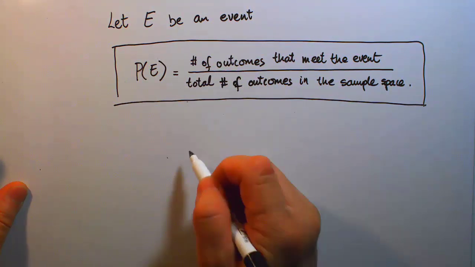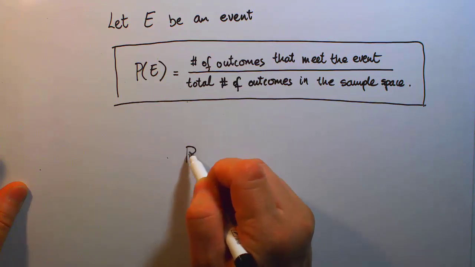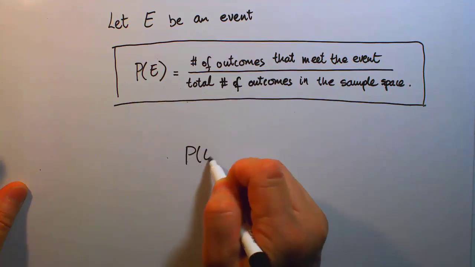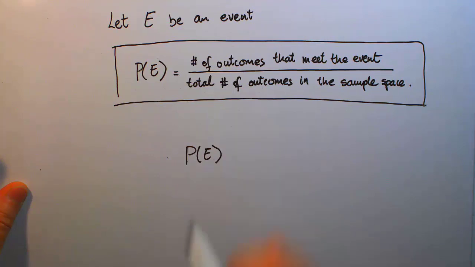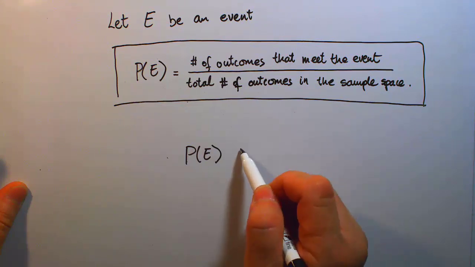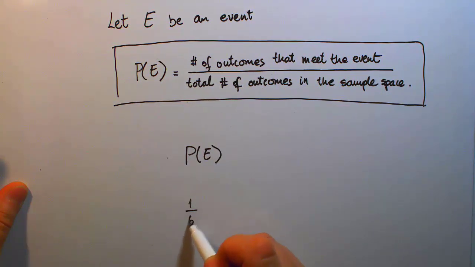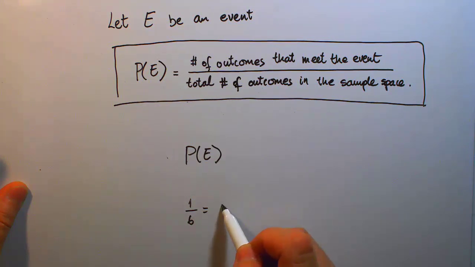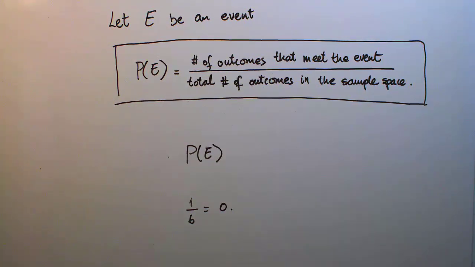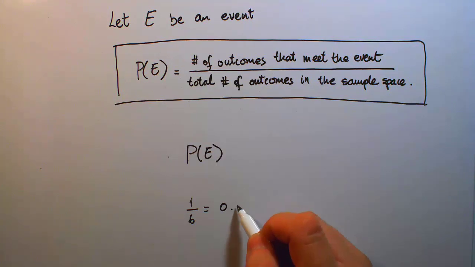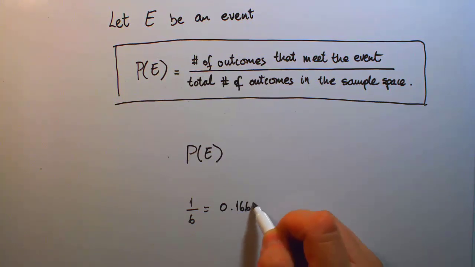Now what we found is that anytime you're finding the probability of an event, question B gave us an answer of 1/6. And 1/6 in decimals is 0.1666 and a lot longer.